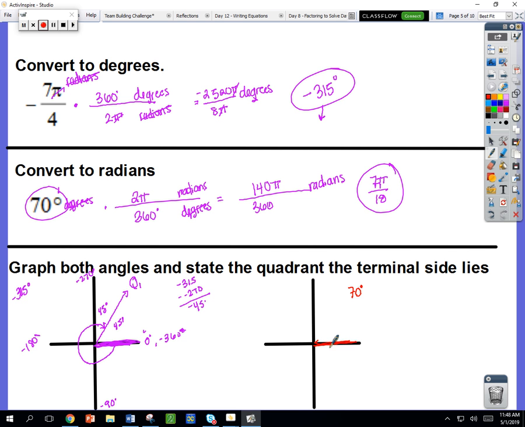So it starts here, and if it's a positive angle, then this is 0, positive 90, positive 180, positive 270, positive 360, but it's not going to get that far because it's not even going to get to 90. 70 is less than 90. So it would be, again, in this quadrant. And you can either write 70 degrees right here, or you can just write a 20 to show that that's how far left you have to get to 90. But then the angle needs to be right here to show that you didn't go past that.